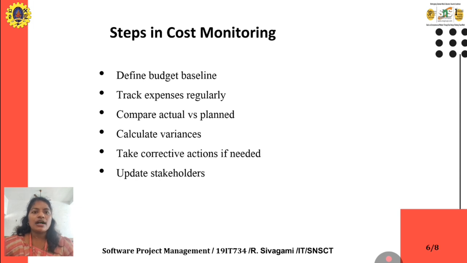If the spending amount exceeds our planned cost, we should take corrective action. Then update the stakeholders. Whatever changes we make in our project, we should update our stakeholders. That is the most important.